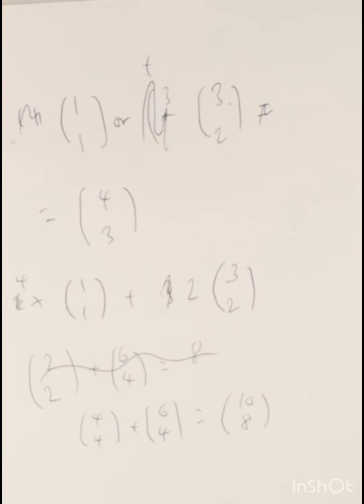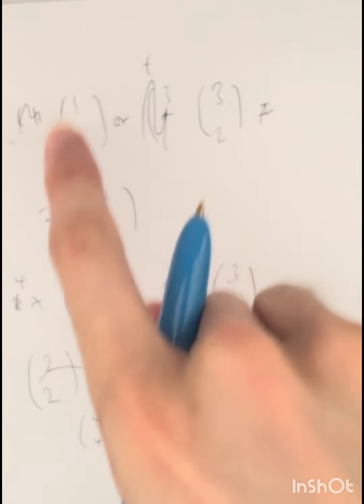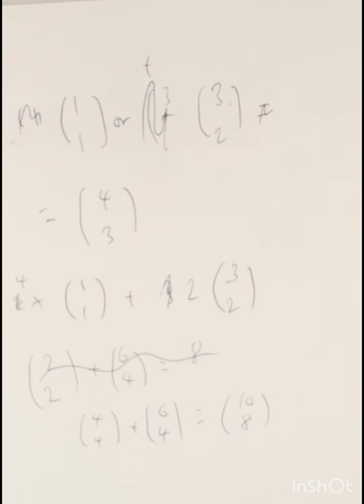So it's the probability of each vector chosen to be either (1, 1) or (3, 2) are all equal. So the probability of having 4 of the vectors being vector (1, 1) and the other 2 vectors being (3, 2), for each of the vectors it'd be 1/6.